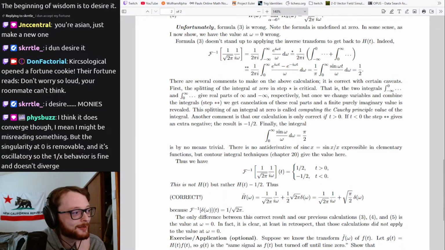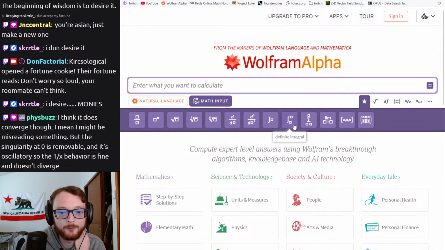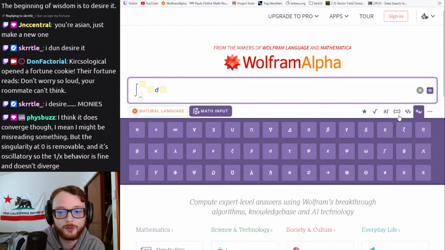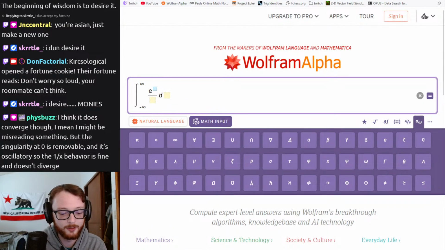Because I was trying to do some Jordan's lemma or some type of theorem to do that contour integral, and it just wasn't working out. And I think Wolfram Alpha couldn't do it at least. e to the i 2i x is close enough for our purposes. Minus 1 over x dx.